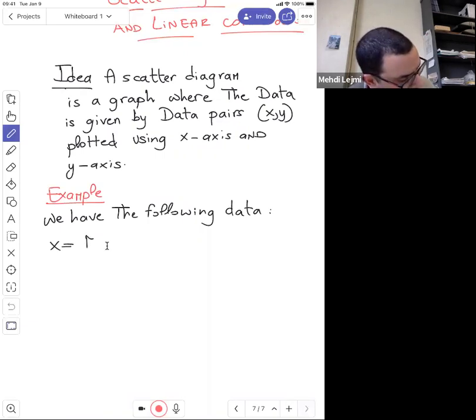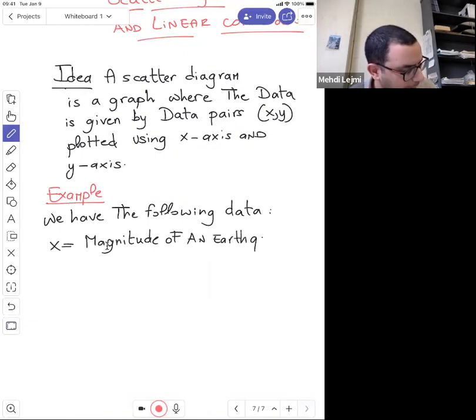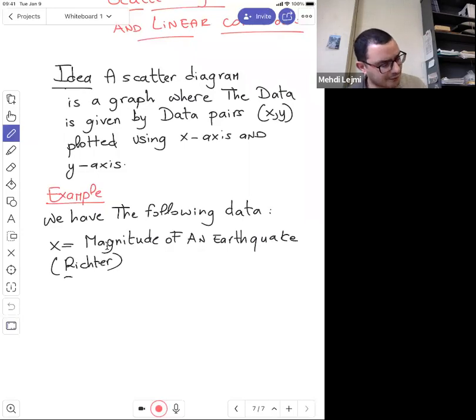So this is x, the magnitude of the earthquake, and let's say the unit is Richter. Richter scale, of course.